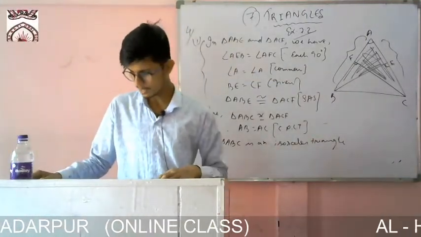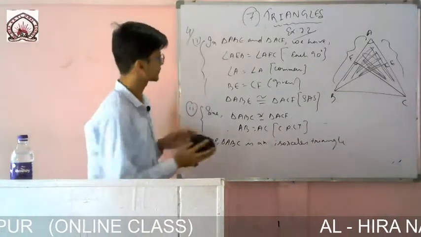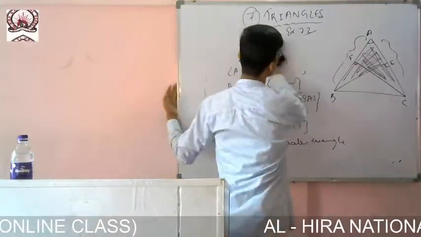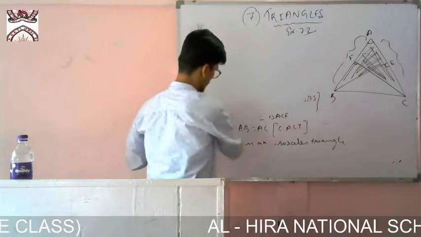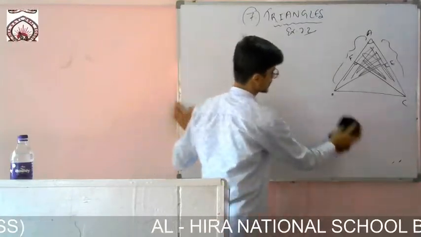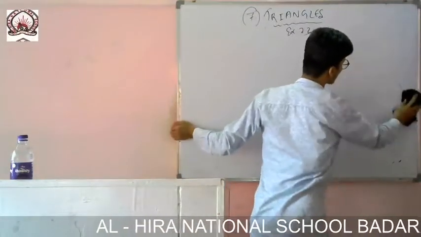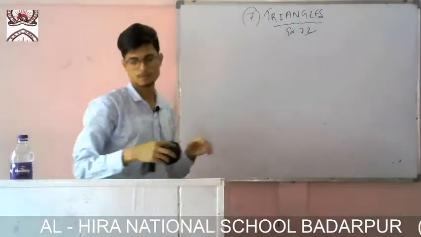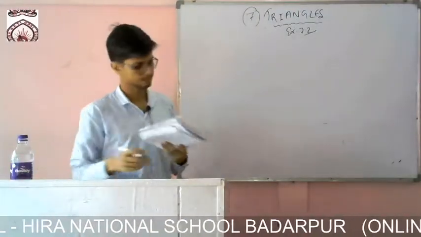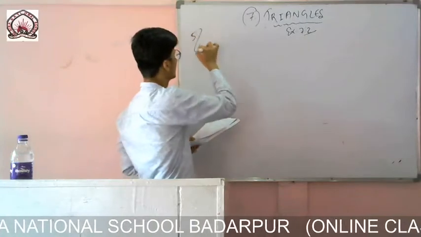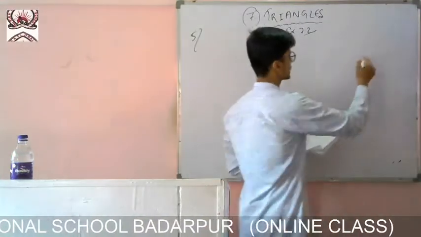Okay, so now let us move to question number 5. Very easy thing, you just have to prove it, and you can prove it very easily if you see the figure very carefully and utilize whatever is given in the question. But you need more practice in geometry.